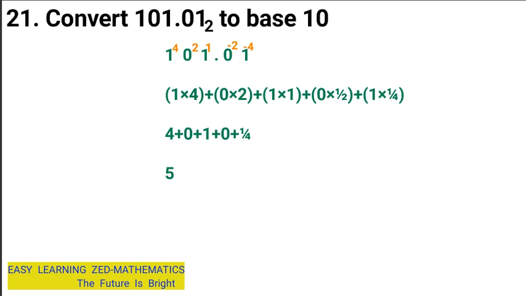Like I said, I want to convert 1/4 to a decimal number. How am I going to do that?